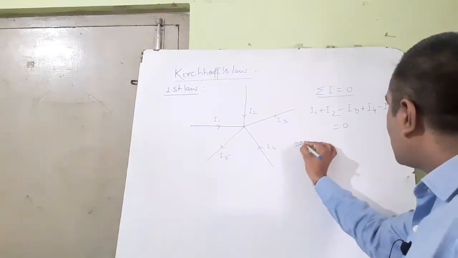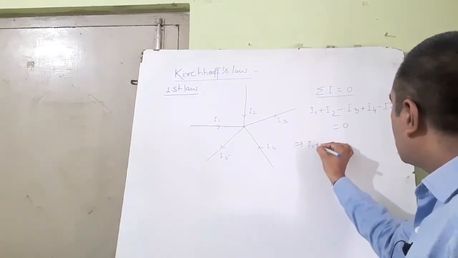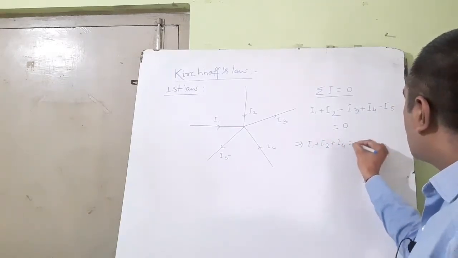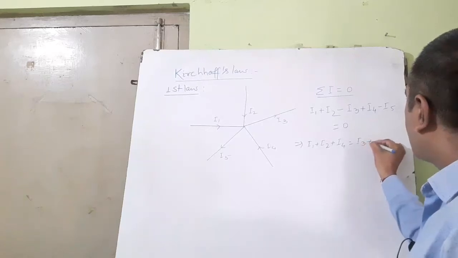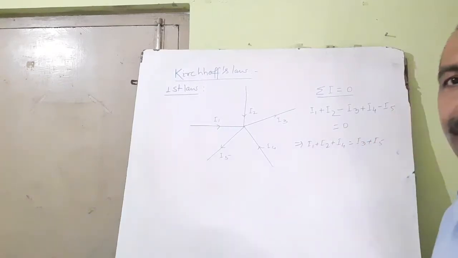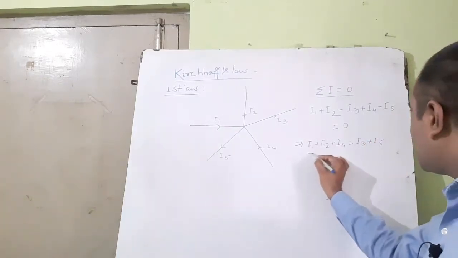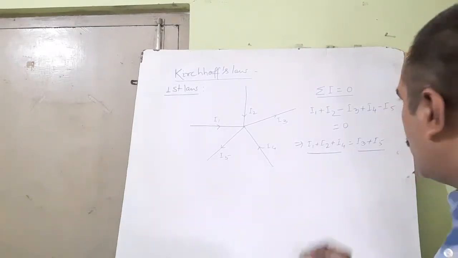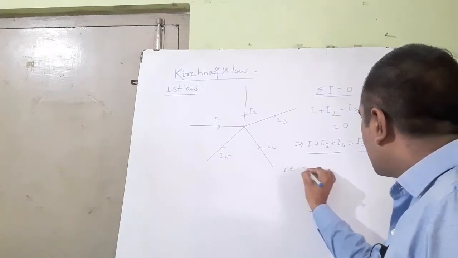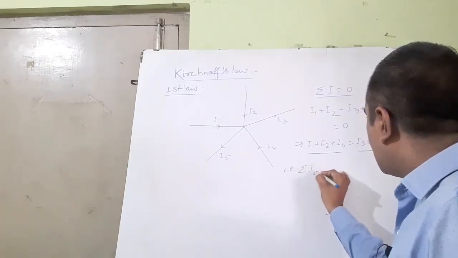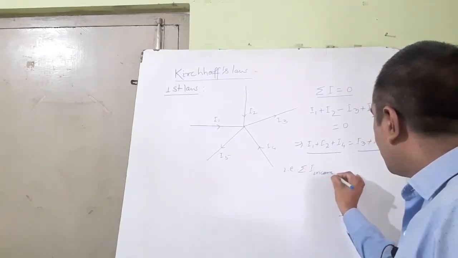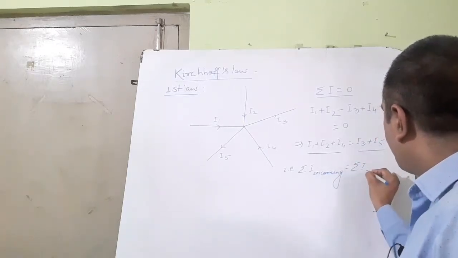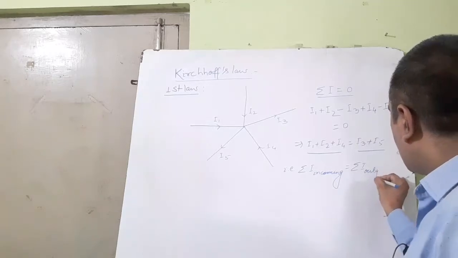You can write it as I1 plus I2 plus I4 is equal to I3 plus I5. That is, the sum of incoming currents is equal to the sum of outgoing currents. That is, sigma I incoming is equal to sigma I outgoing.